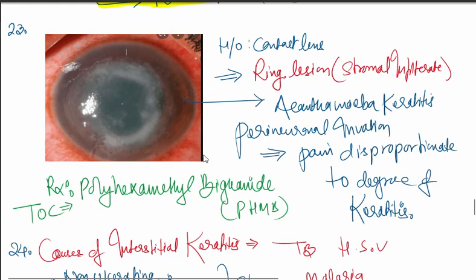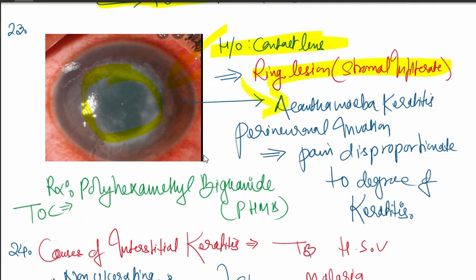Next one. So we see this ring, this whitish ring. This patient has contact lens history. This is what? Ring lesion of stromal infiltrate. It is contact lens induced.